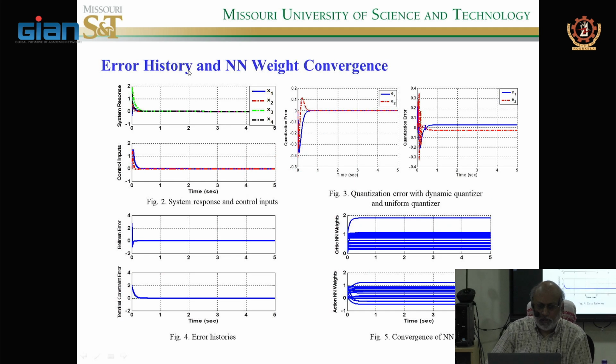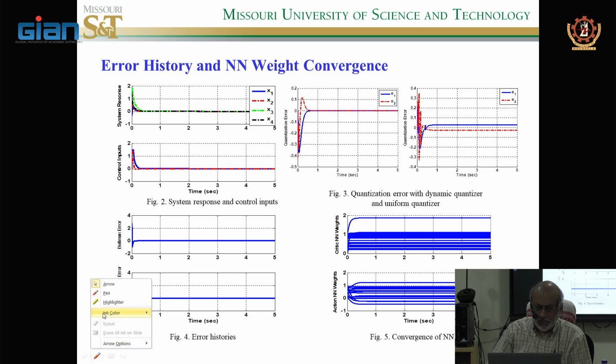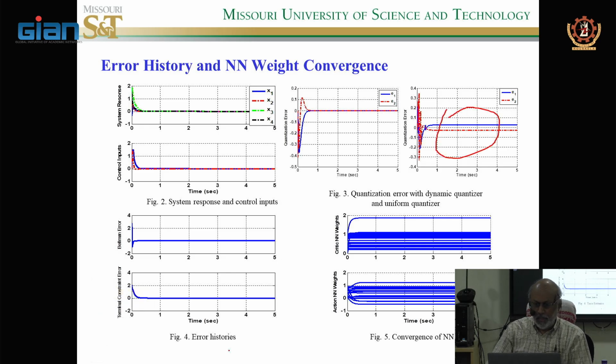Now you run the simulation and plot the error history, and you can see they nicely converge. There are 4 states, and they converge. The quantization error also converges to 0. Now this is without a static quantizer, so there will be error. This is what we are trying to show. There is error here. See that? This is, I think, 4 bits or something.